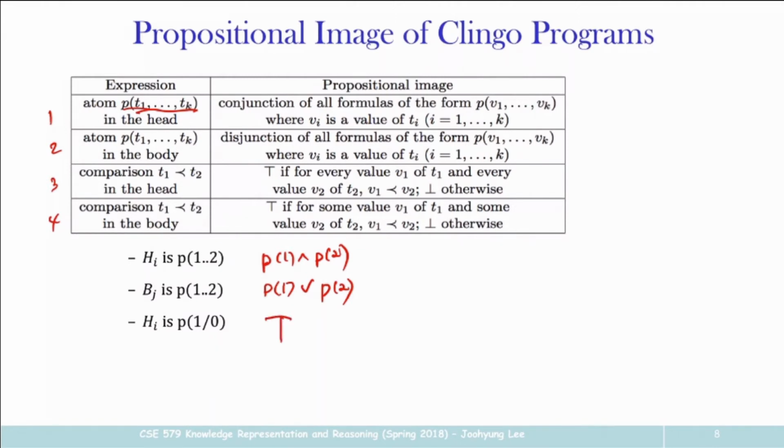Okay, if you don't know why empty conjunction is top, for now let's just memorize it. I can explain later. Or if you take a logic course, there's a reason why we do it this way. But for now you can just understand empty conjunction is top, empty disjunction is bottom. Okay.